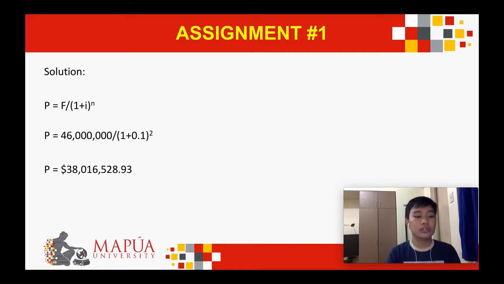Substituting the values that we had obtained earlier, we will have the final equation P is equal to 46 million divided by 1 plus 0.1 squared. And calculating for P, we can obtain the value 38,016,528 and 93 cents, which is the principal amount.